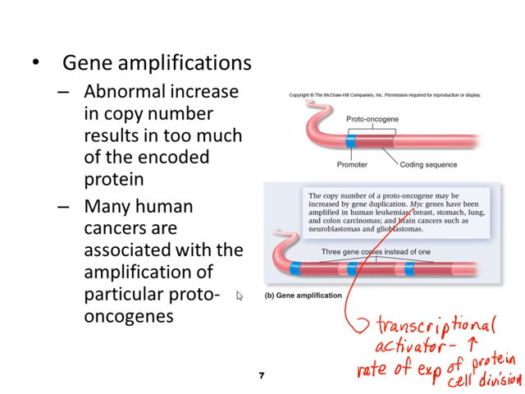So now you can imagine if MYC becomes duplicated and we have 3 gene copies instead of 1, we're going to theoretically now have 3 times the amount of MYC protein in the nucleus. And the more protein you have, the more gene expression you ultimately end up with. And the more gene expression ultimately leads to increases in cell division.